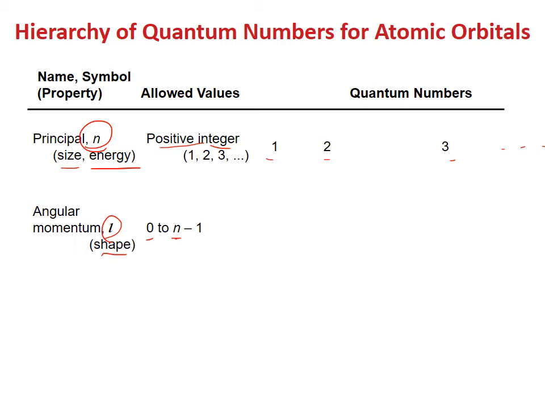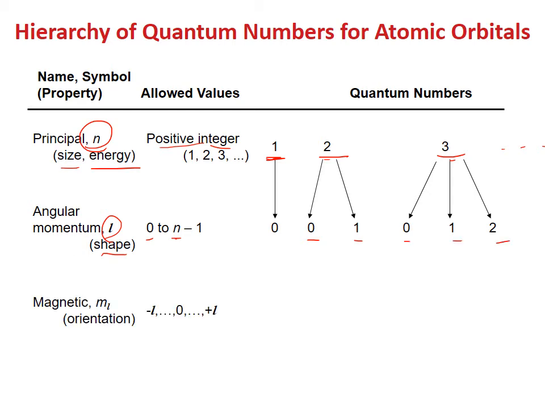For example, when the principal quantum number is 1, the only value is 0. When n is 2, l can be 0 or 1. When the principal quantum number is 3, the value can be 0, 1, and 2. The magnetic quantum number m determines the orientation of the orbital, and the value is determined by quantum number l.